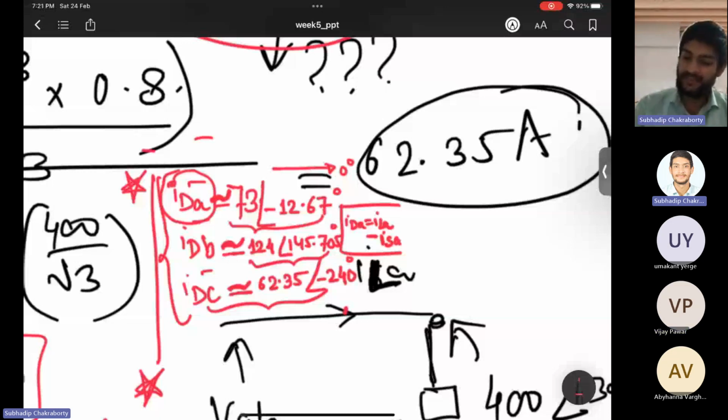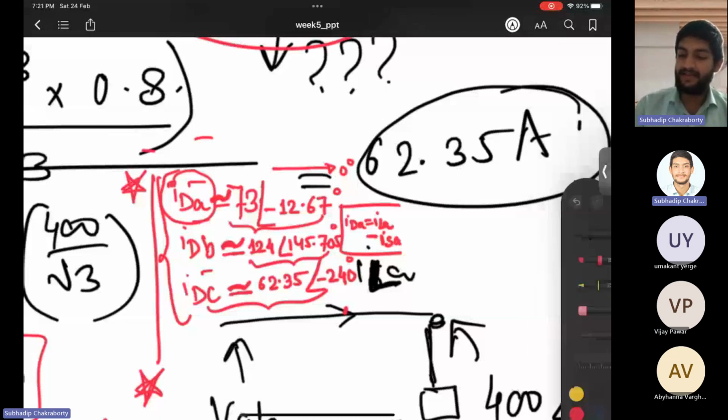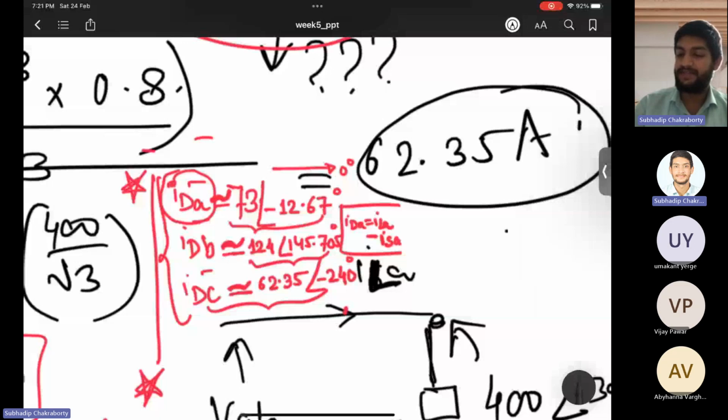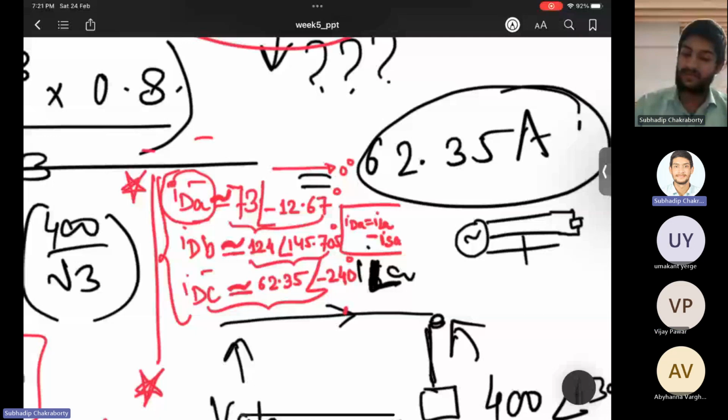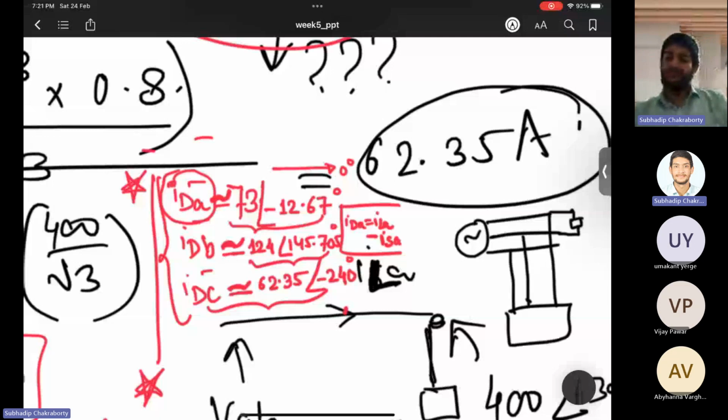Just understand the basics, right? You have the AC mains, and the load was connected like this, only between two phases, and this was the DSTATCOM. So who will carry this current in order to balance?